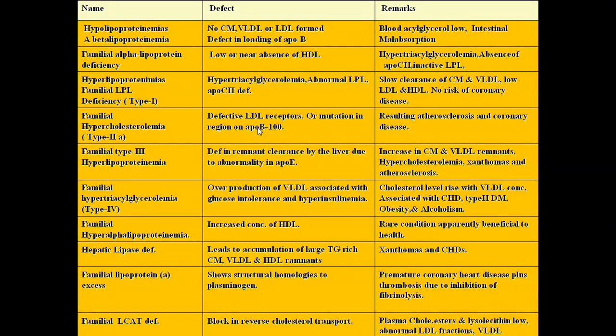If abnormal ApoE is non-functional, it results in increased accumulation of chylomicron and VLDL remnants, causing hypercholesterolemia, xanthomas, and atherosclerosis. Xanthomas are basically yellowish masses of lipid-filled histiocytes occurring in subcutaneous tissues.